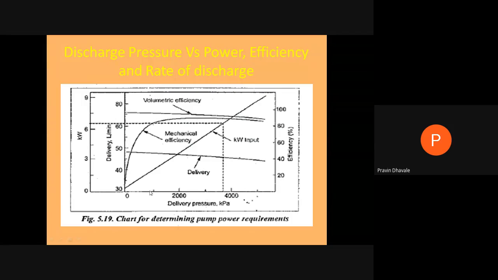At 1000 delivery pressure, this one will be the mechanical efficiency, 80%. At 3000 delivery pressure, this will be the volumetric efficiency. Likewise, these are some performance characteristics of the pump at a constant speed.